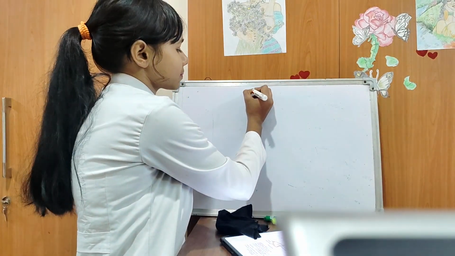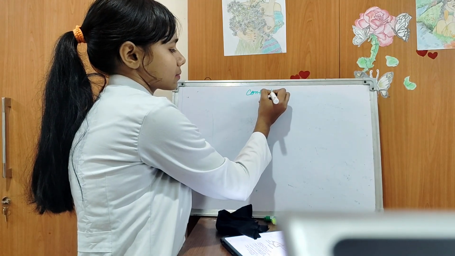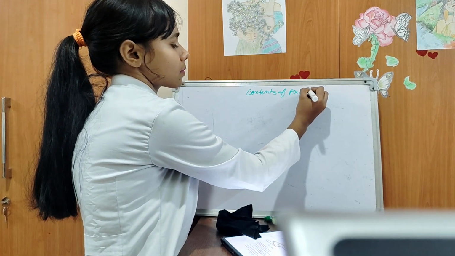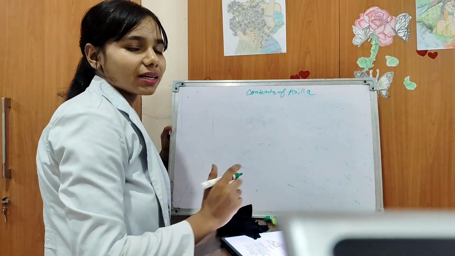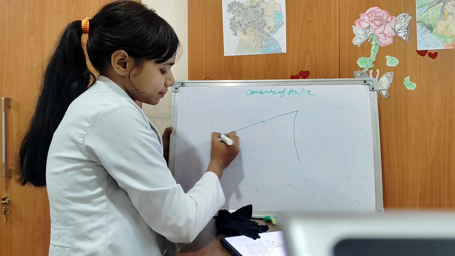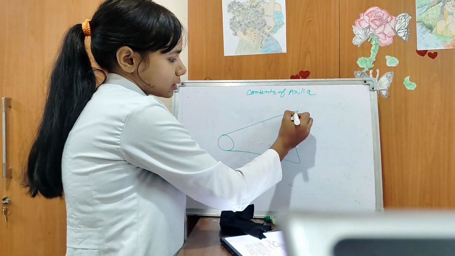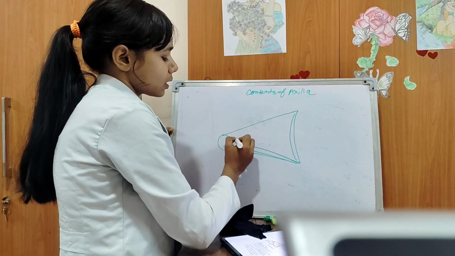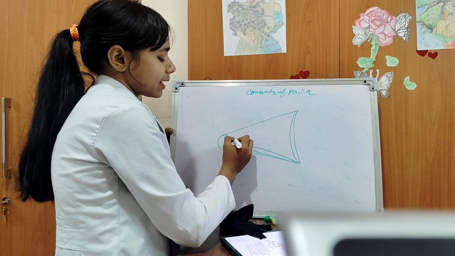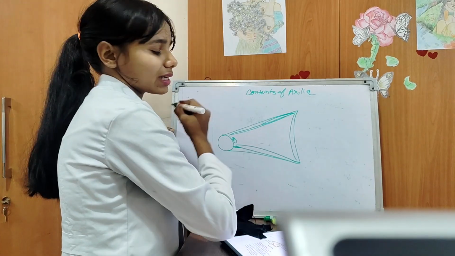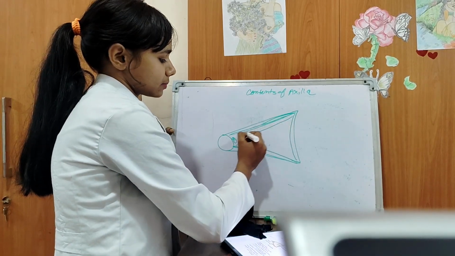So now let's talk about the contents of axilla. We draw that diagram again: serratus anterior muscle, subscapularis, short head of biceps brachii and coracobrachialis, and pectoralis major and minor.